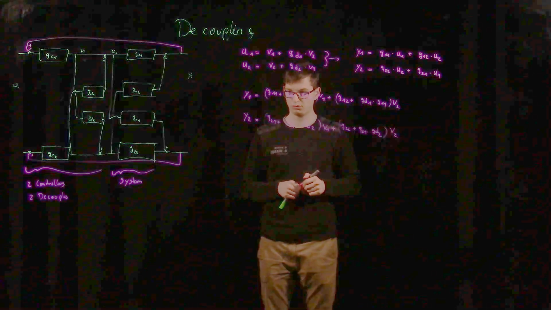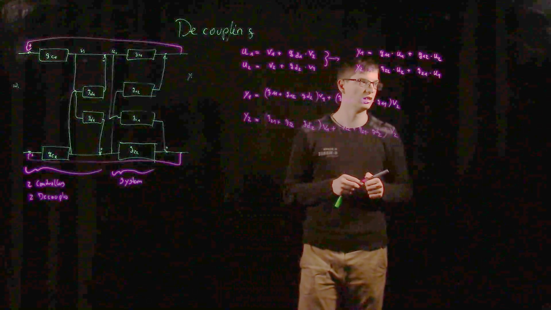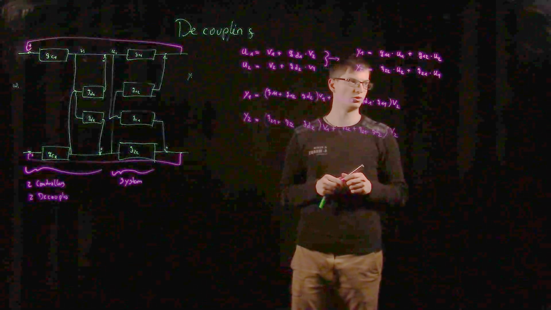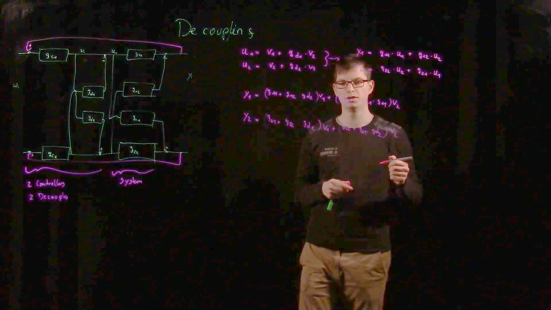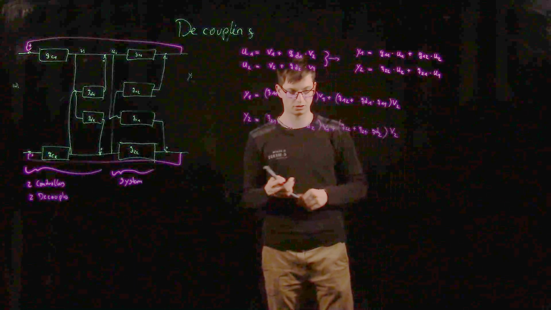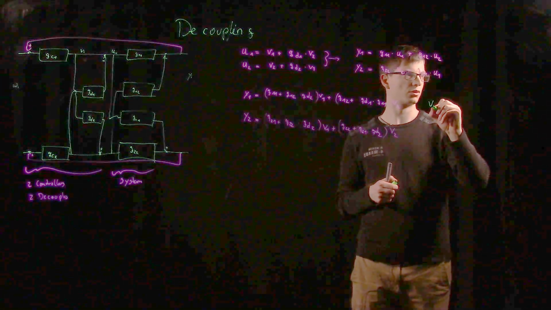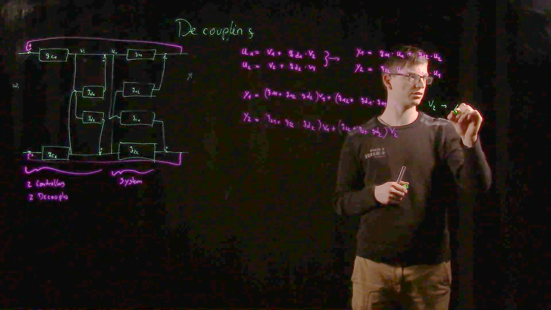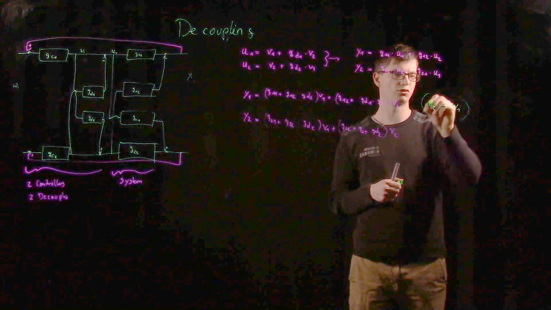And what we now want to set is the following. We want to eliminate the effect of V2 on Y1. So what we want to get rid of is that V2 has an influence on Y1, and we would like to cross this out.